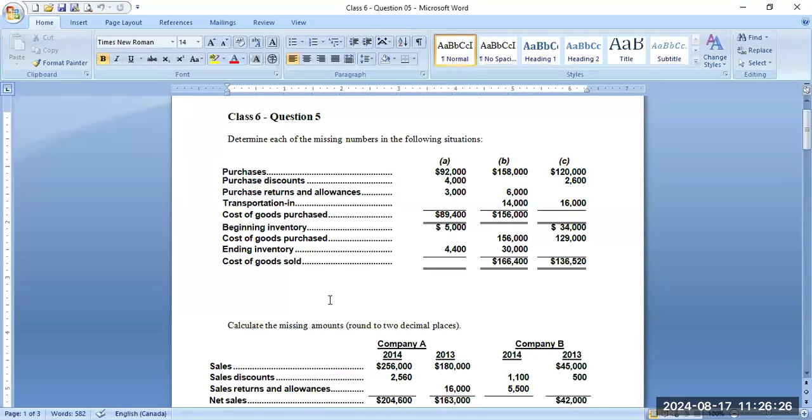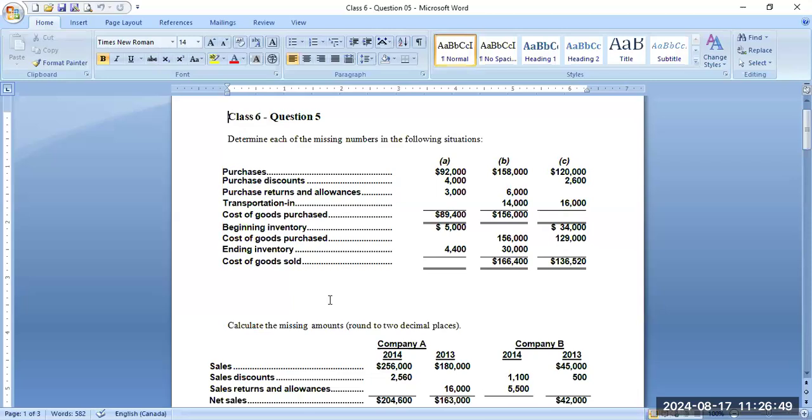Please spend a little bit of time to get the idea. We're starting with the purchases, less purchase discount, less purchase return allowances, add the transportation in or freight in, cost of goods purchased.